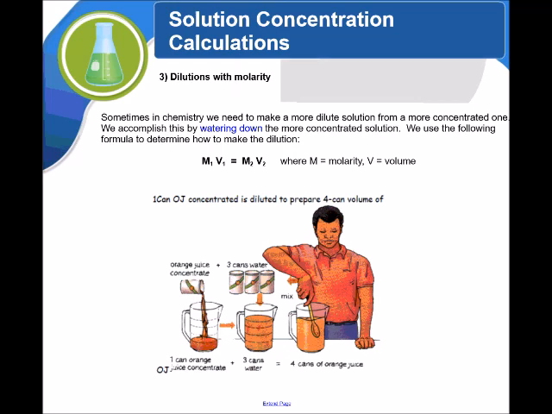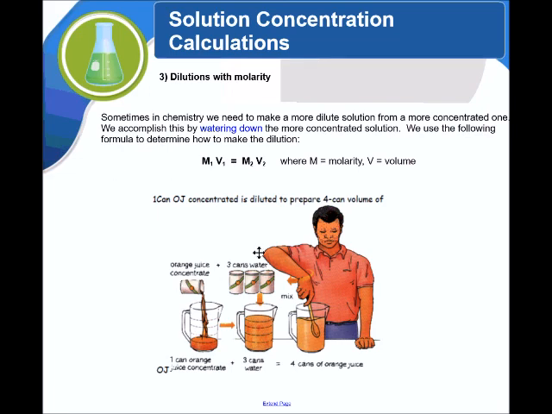Now, sometimes in chemistry, we need to make a more dilute solution from a more concentrated one. And we would accomplish this by, what we say, watering down the more concentrated solution. The following formula is how you would do that. Molarity 1 times volume 1 will equal molarity 2 times volume 2.